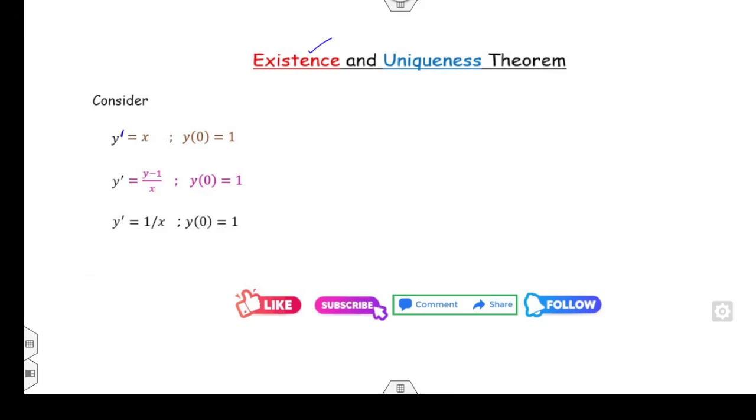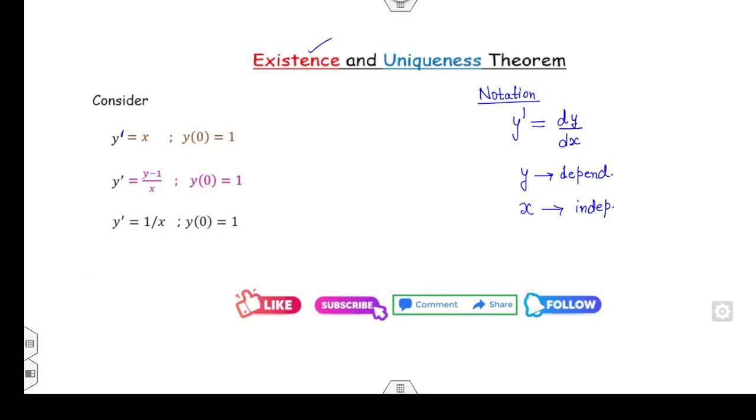Make sure, students, throughout my lecture, I have used one notation. Wherever you see y dash, it is denoted as dy over dx, where y is known as the dependent variable and x is called the independent variable.